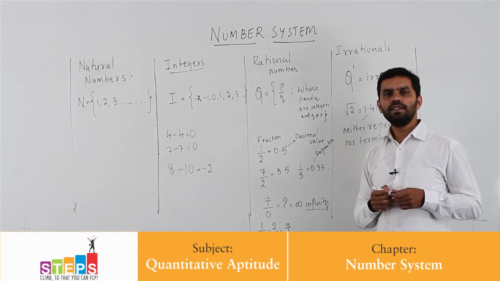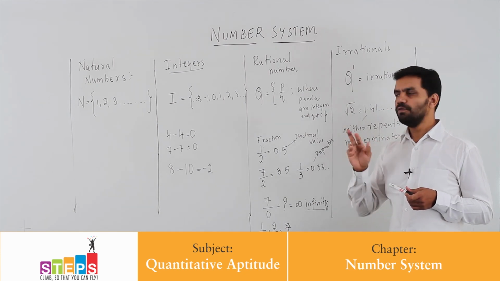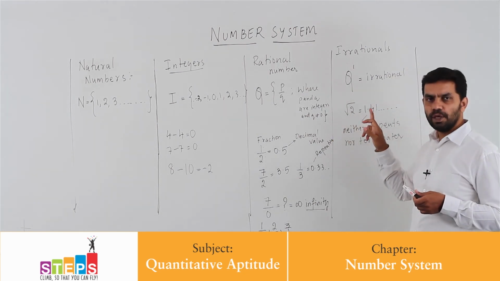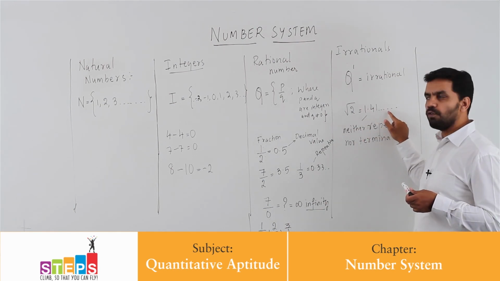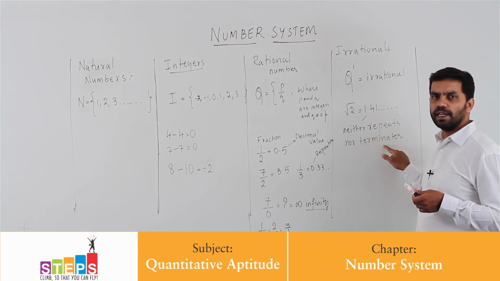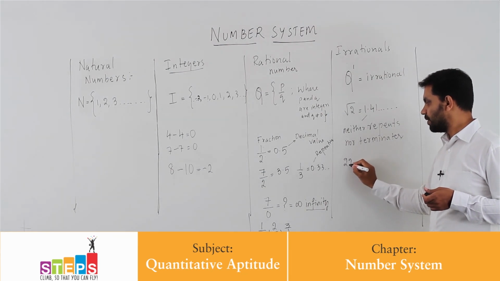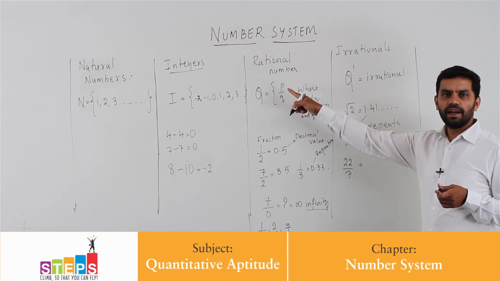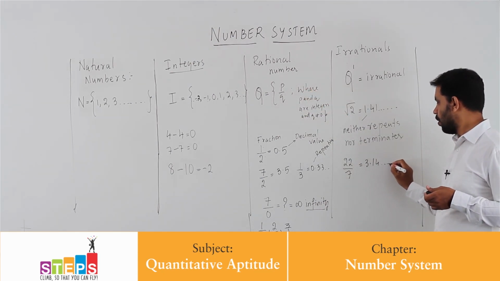What are irrationals? Irrationals are the numbers which are not rationals, meaning they cannot be written in the form p by q, and the decimal part of 1.41 is neither repeating nor terminating. There is another number, 22 by 7. Though it looks like a rational, 3.14, and so on, it continues.